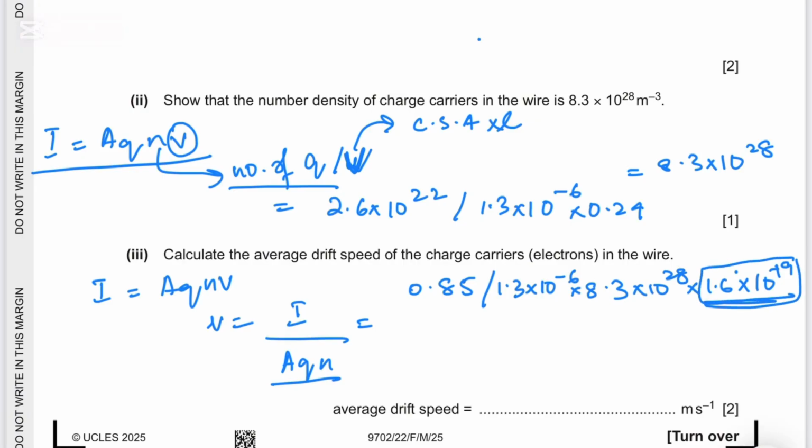It would make calculations much easier if you could just remember that. However, you can also find it at the beginning of this question paper. And this leads to final answer of 4.9 times 10 raised to negative 5 meters per second.